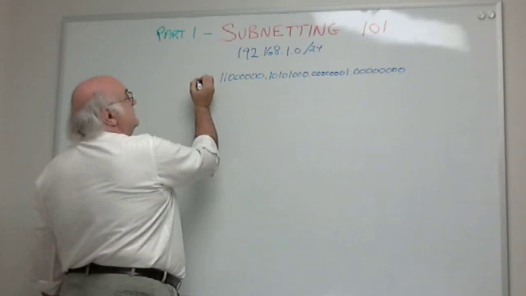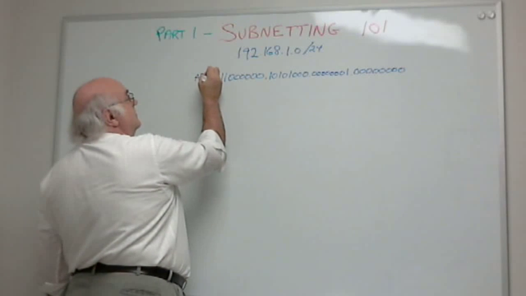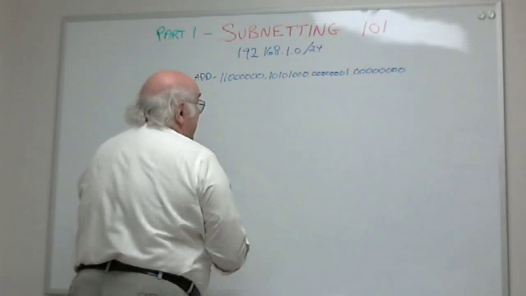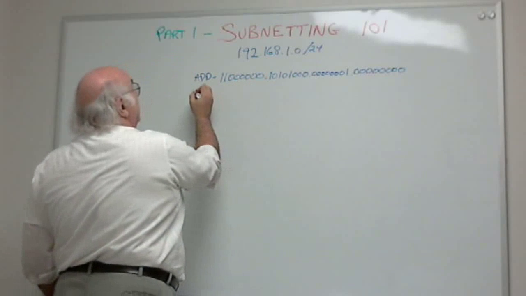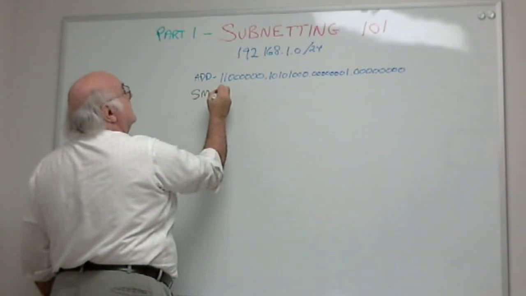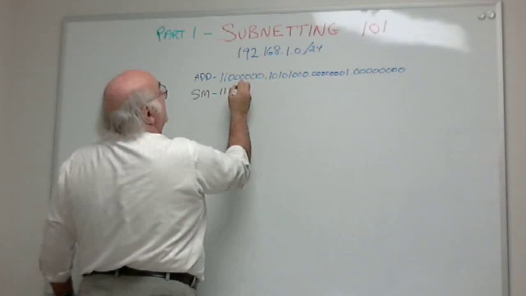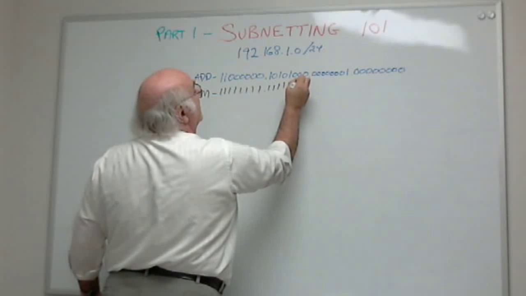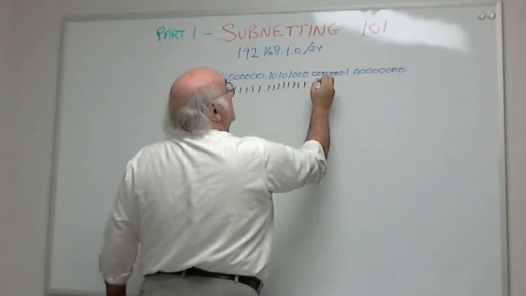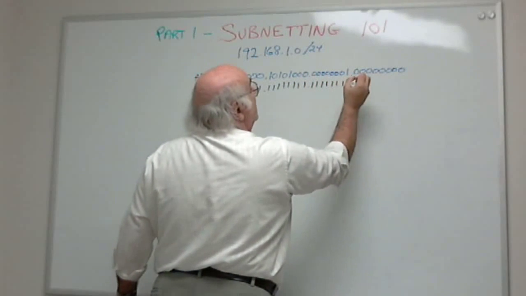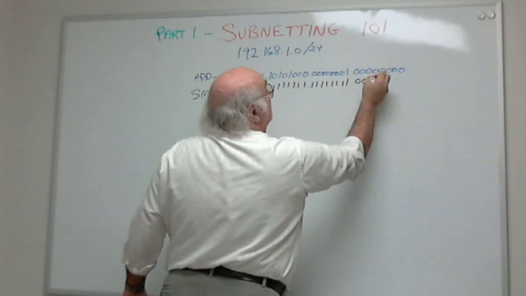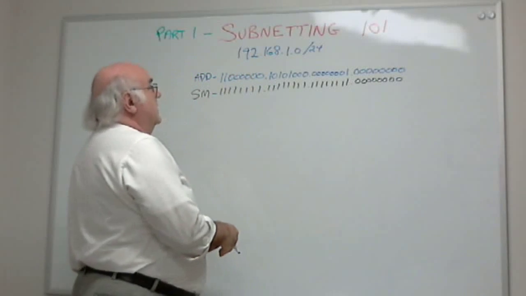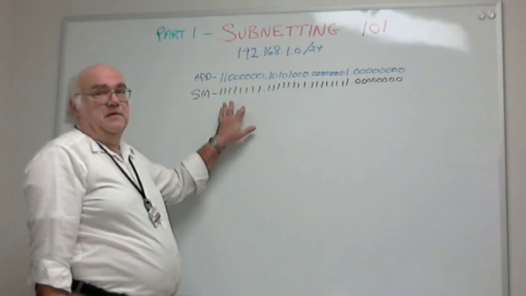So this is our address we were given, and the subnet mask that comes with that is 11111111.11111111.11111111.00000000. Okay, that's the subnet mask.